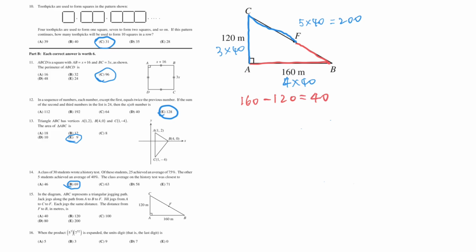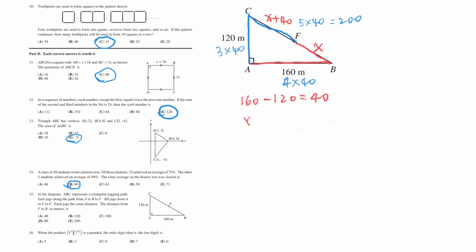That means if this is x, CF will be x plus 40, because the length AB is greater than AC, so CF must be greater than CB.